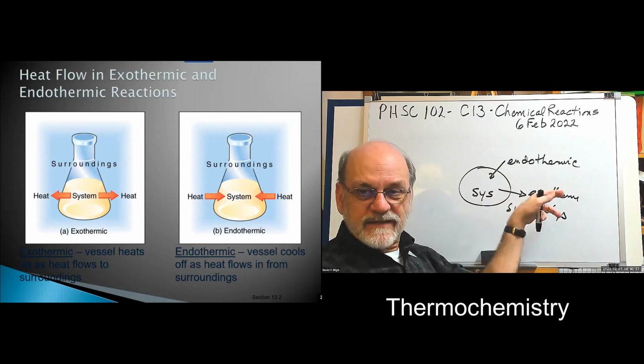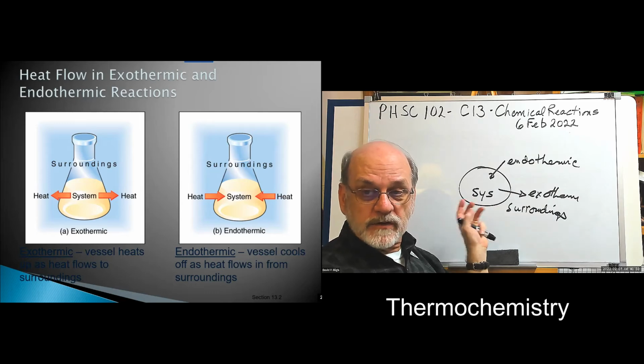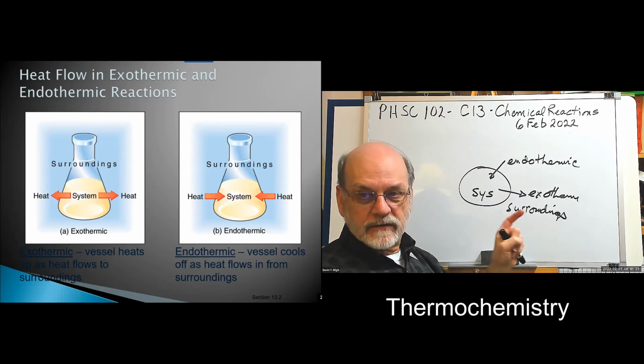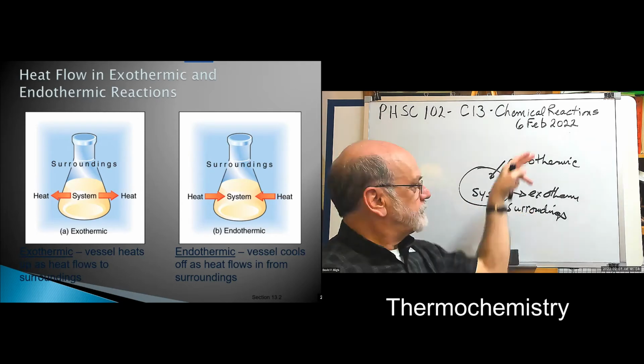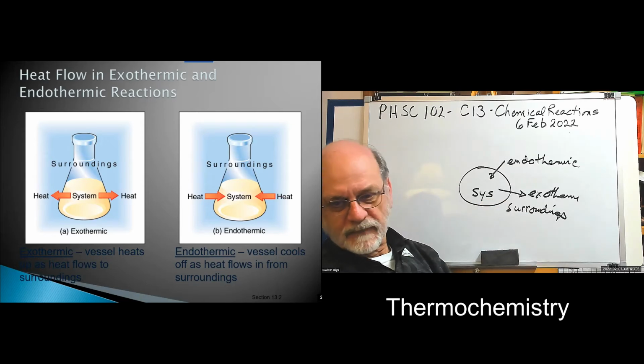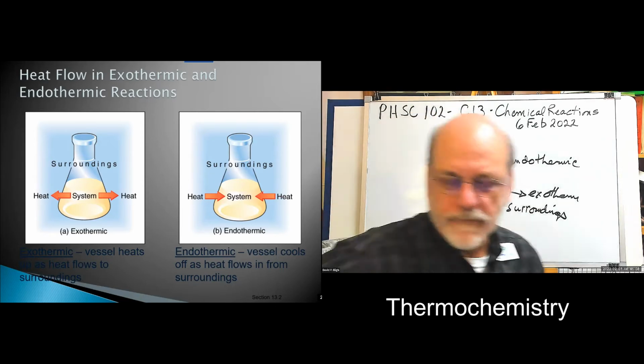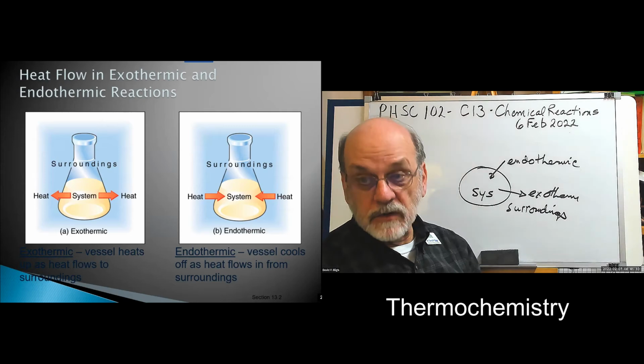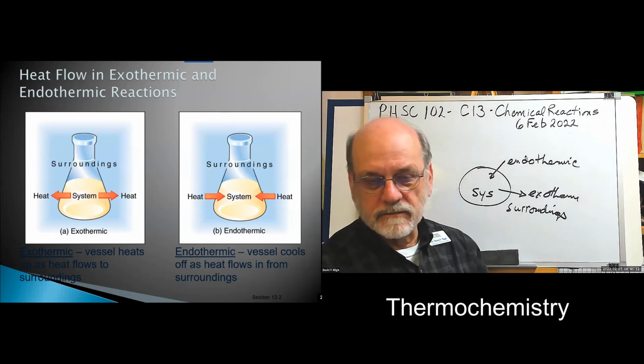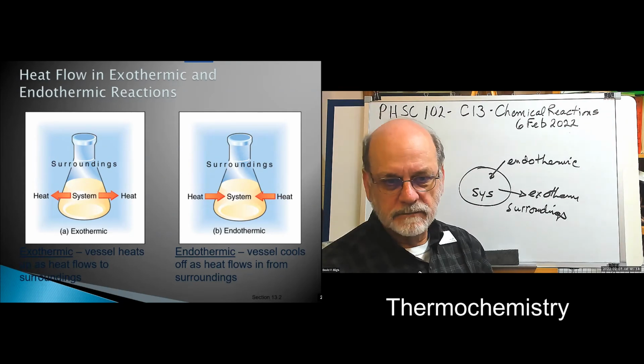So if energy is leaving the system, the numbers associated with that energy leaving are negative. And if they're being added to the system, they're positive. You won't need that for this course, but you may see it in the future, and I just don't want you to plead ignorance.